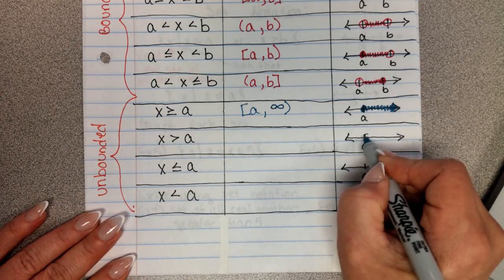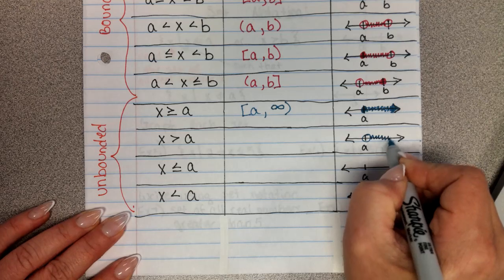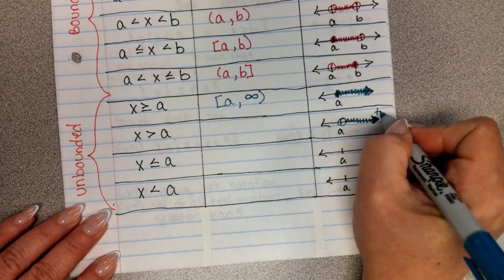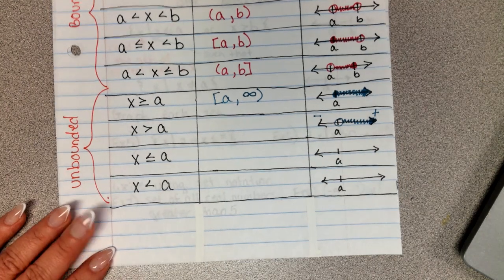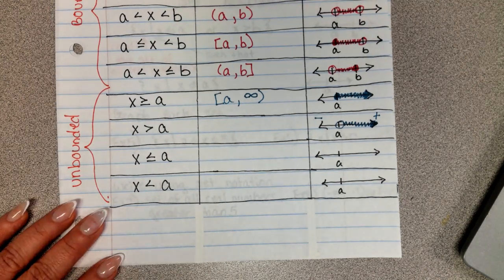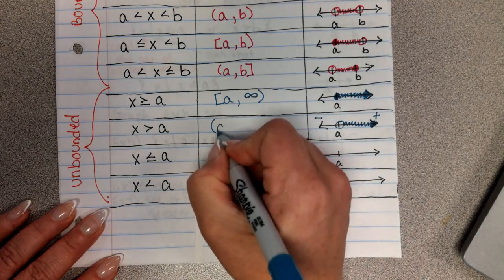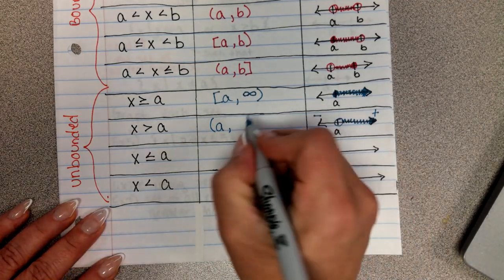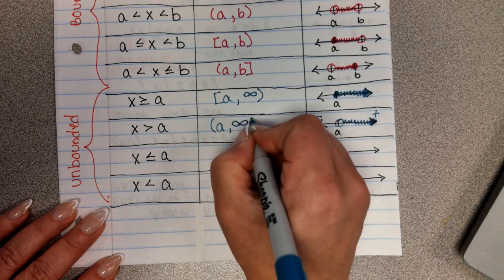In that case, you would exclude A and then go toward positive infinity. Remember, in math, the right is positive, the left is negative. So I would say A not included, excluded A to positive infinity.